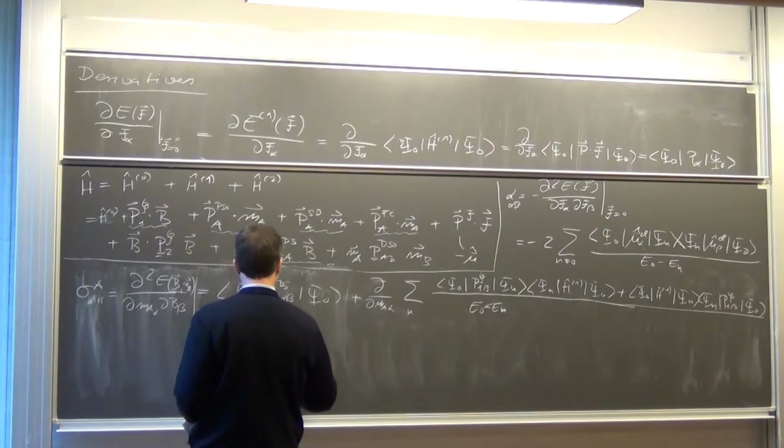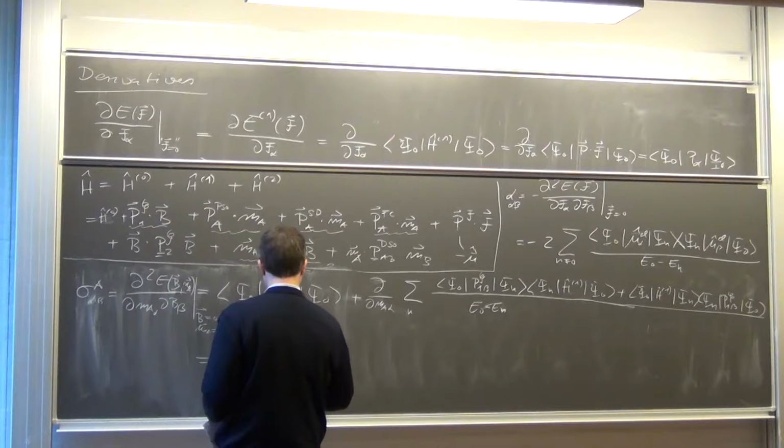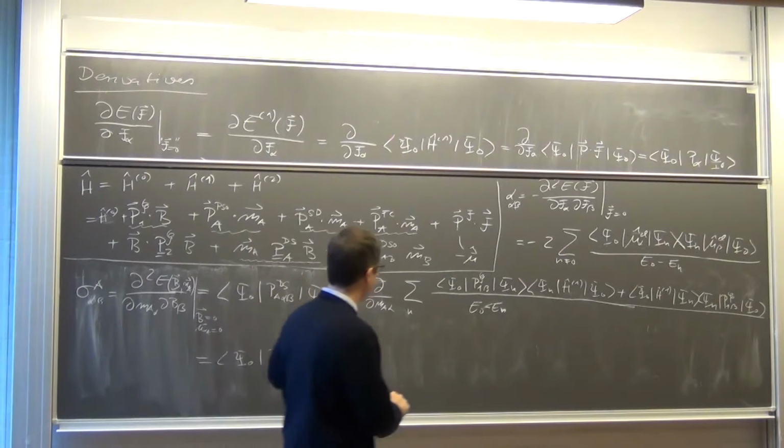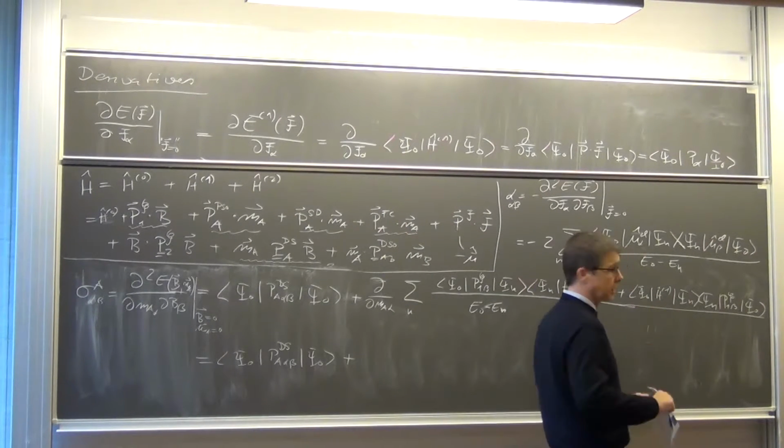And then I have to take the second derivative, the diamagnetic shielding, alpha beta component, psi 0, where I now can take the derivative in this part.